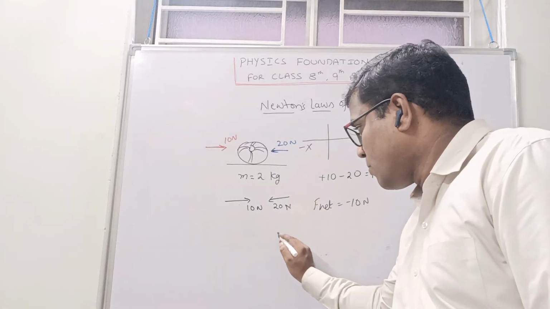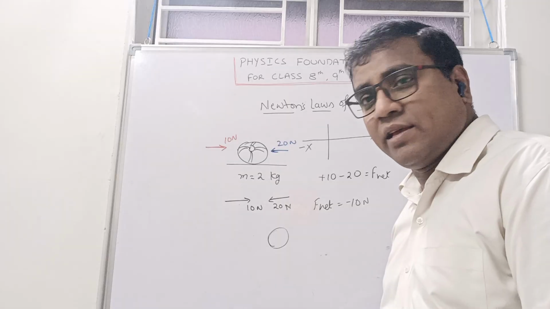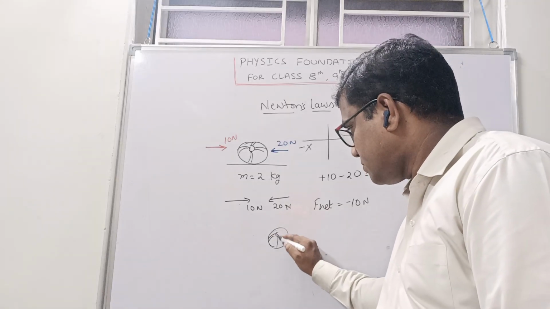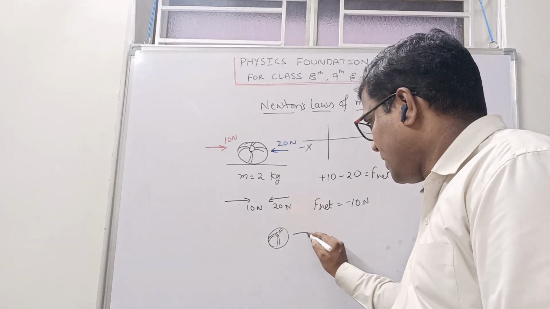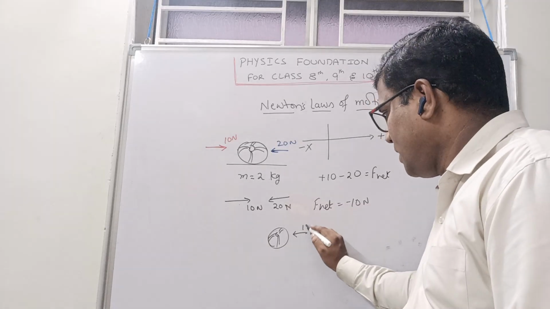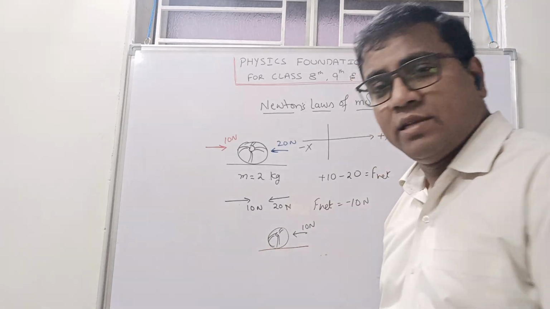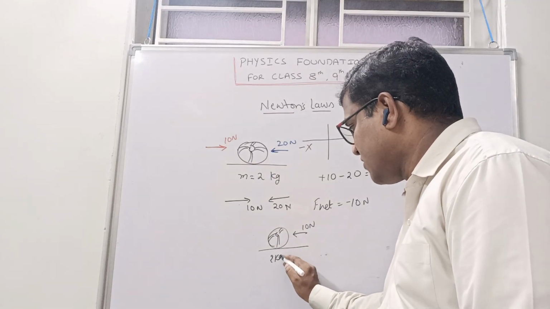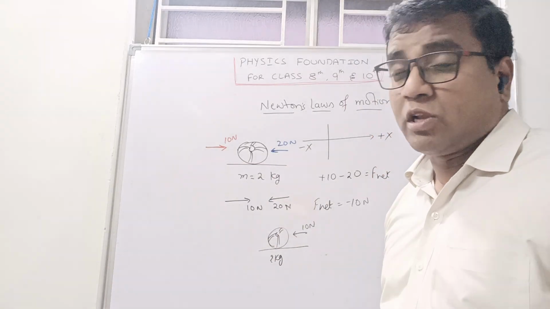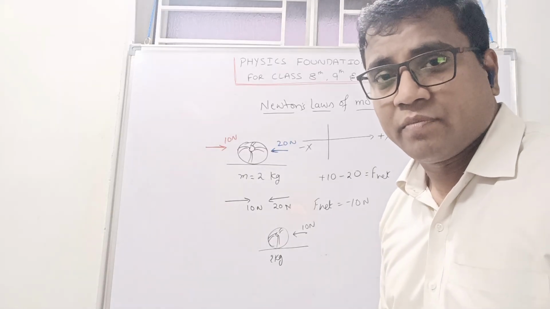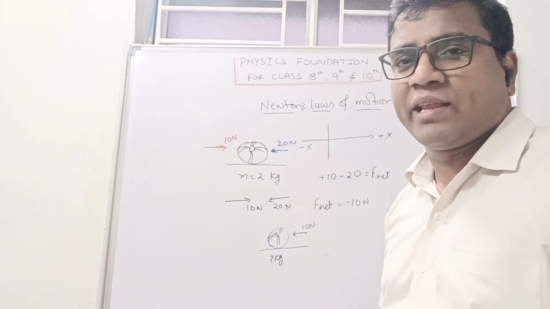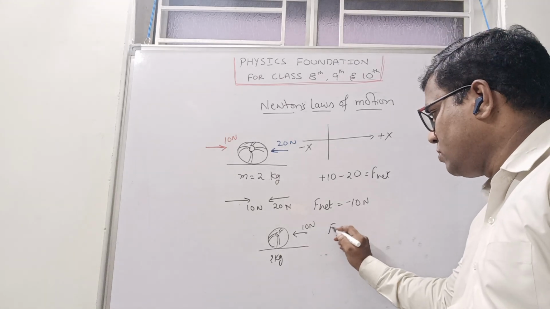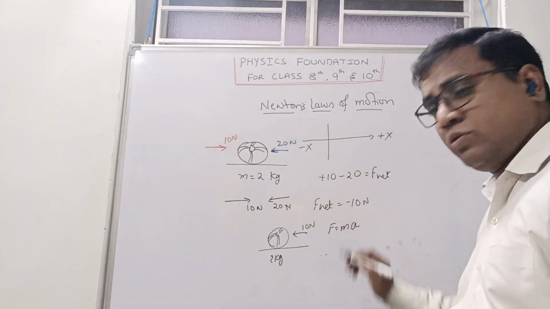So the ball is here, and net force will be in this direction. How much is it? Only 10 Newton. How much mass is given? 2 kg. So now can we calculate acceleration? Yes, we can. We know F is equal to ma.